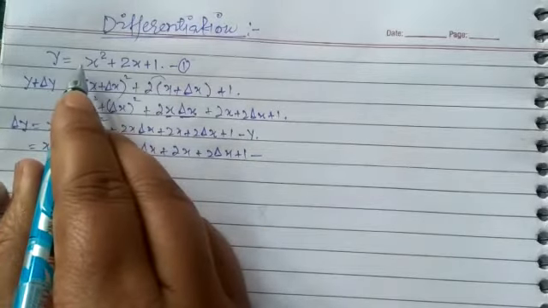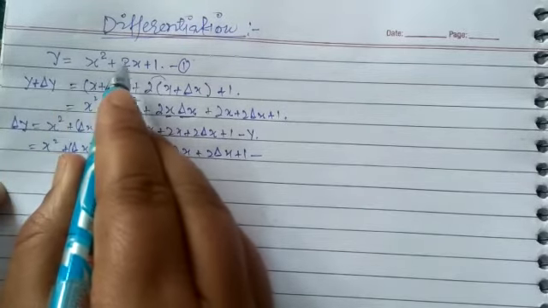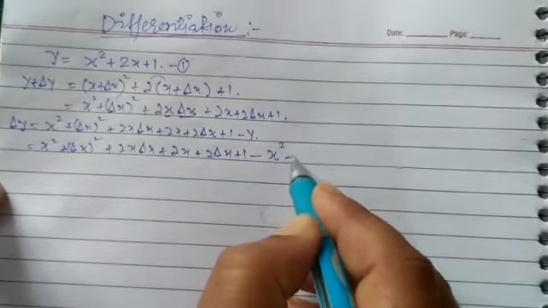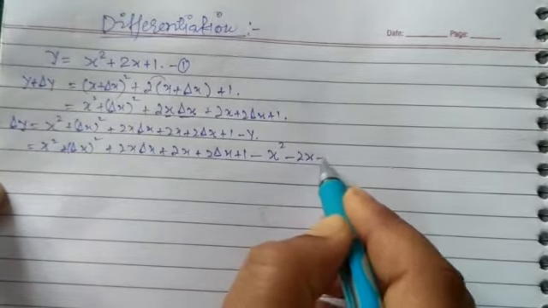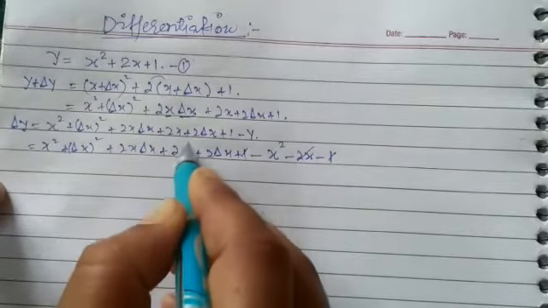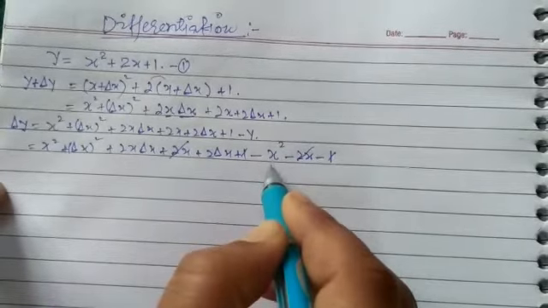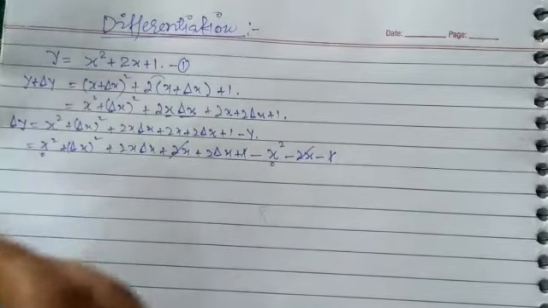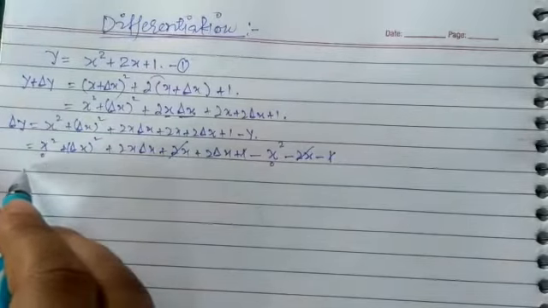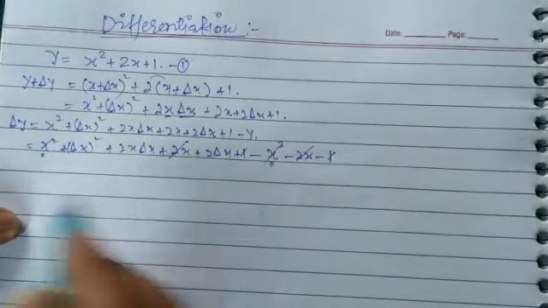Instead of y I will put minus x square minus 2x minus 1. This minus 2x leaves with this 2x, and this x square leaves with this x square.